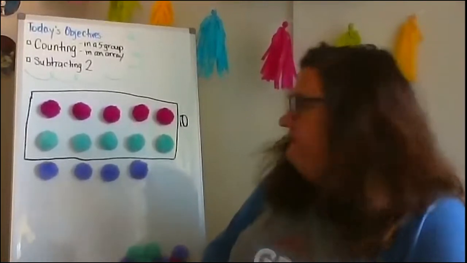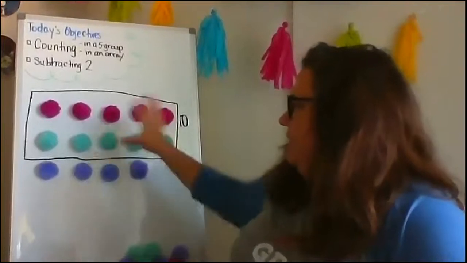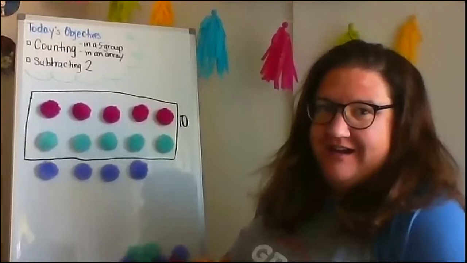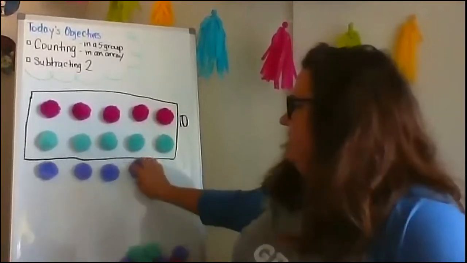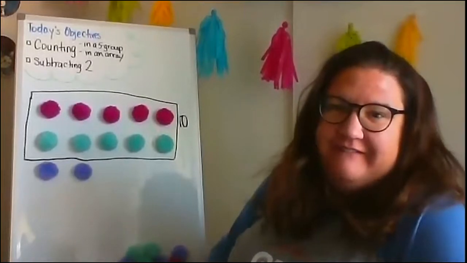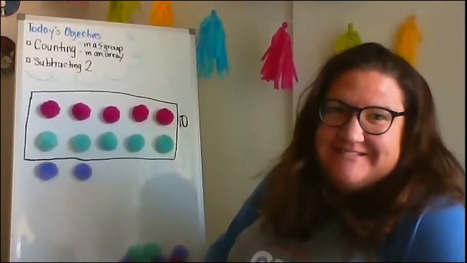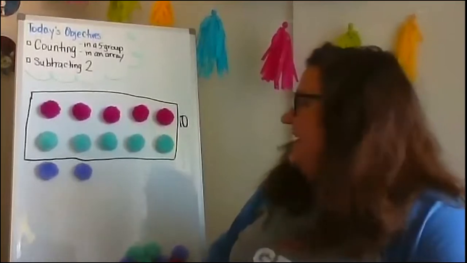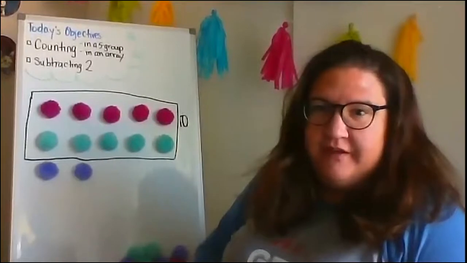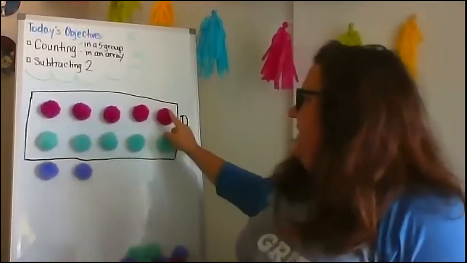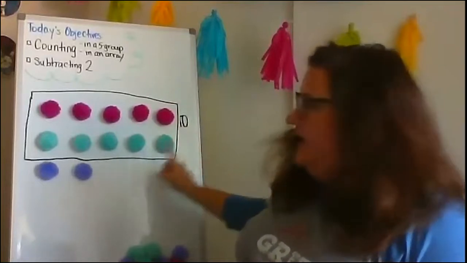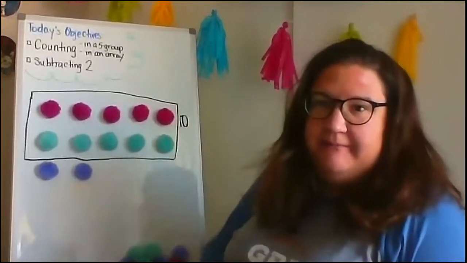If we have 14 magnets and we take away 2, what can I do? They're magnets, so I can just pull them off. 1, 2, how many do we have? There are a lot of different ways we can do this. I can touch and count all of them. I can know that 5 and 5 is 10, and I can count on, okay?